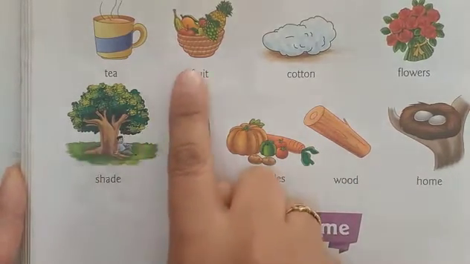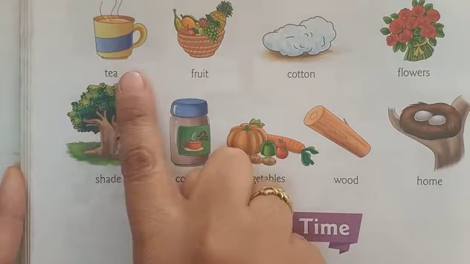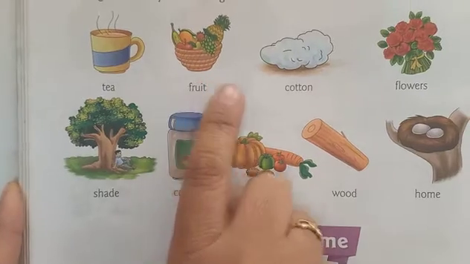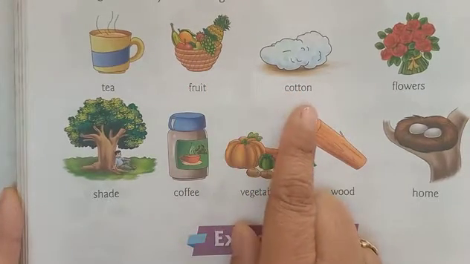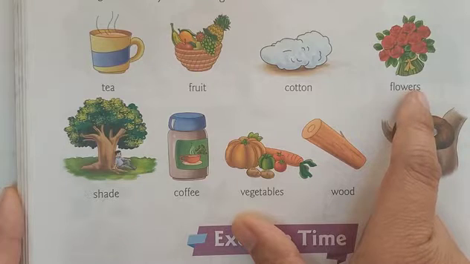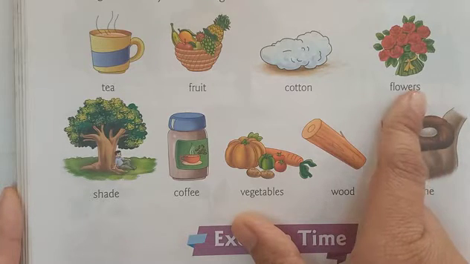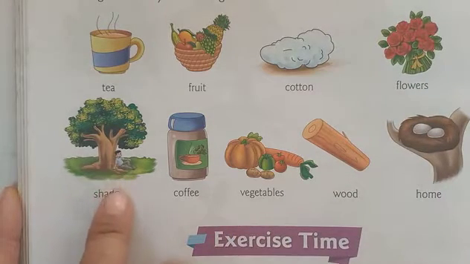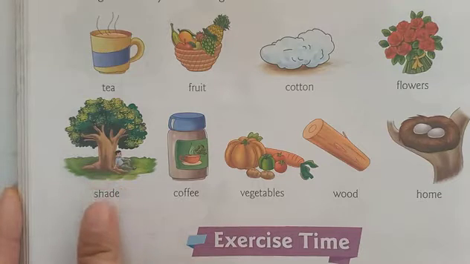For example, we drink tea. Okay, then fruits are eaten, then cotton is used to make clothes, flowers are used to give someone or to make scents or perfumes. Okay, shade is used by human beings or animals to lie down in the shade.